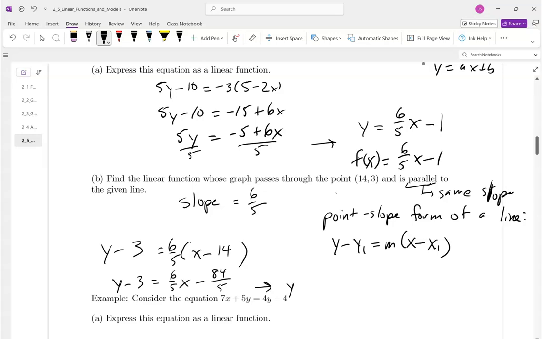And then add your 3 to both sides. 3 is 15 over 5. So what do you get? 69 over 5 when you're done. When it says find the linear function, it typically means solve for y. Like I said, the fractions aren't the best in the world, but that's what we get when we solve.